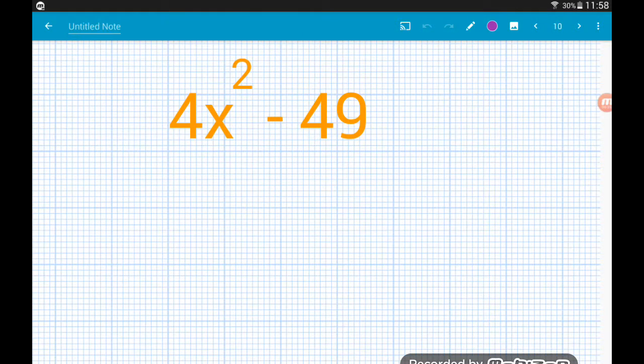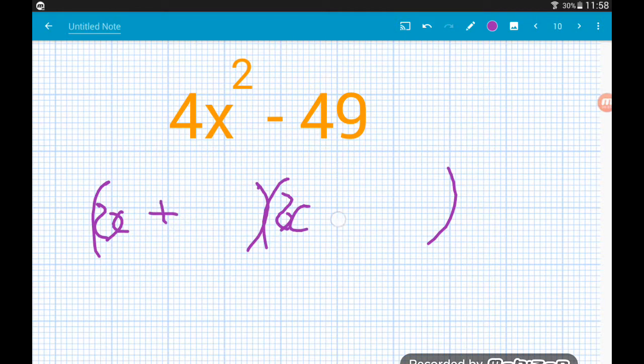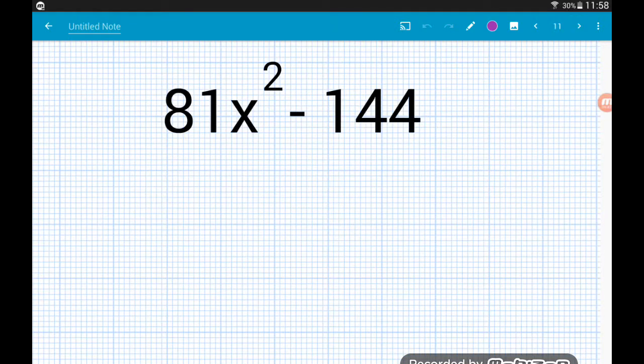4x squared minus 49. Well, the square root of 4x squared is 2x. Whack in our plus and minus, and then the square root of 49 is 7. Cracking. 81x squared minus 144.